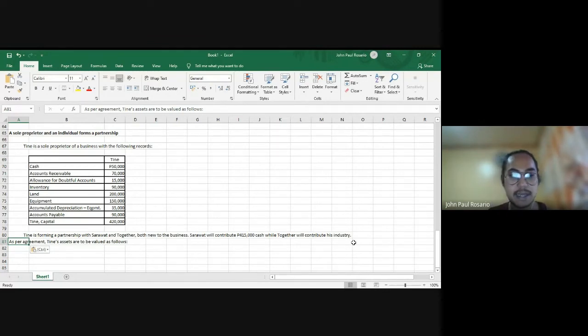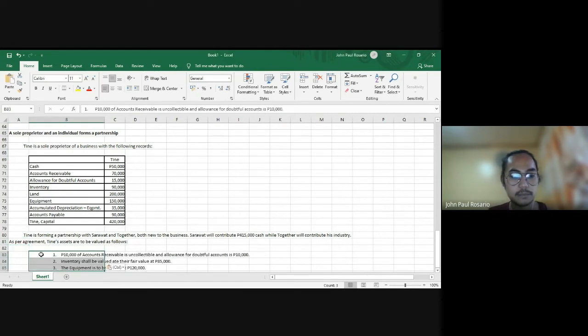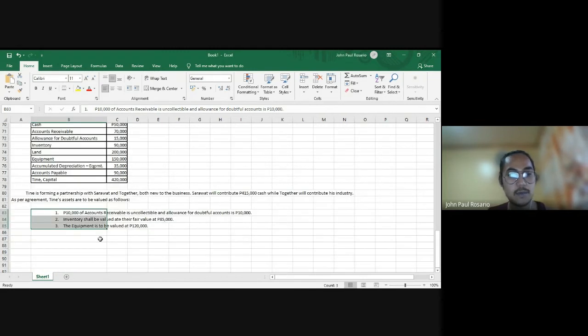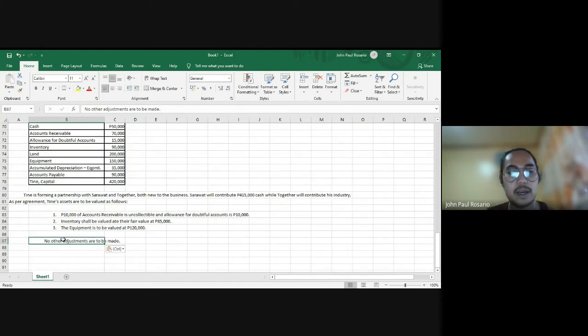As per agreement, Tyne's assets are to be valued as follows. So here is the partnership agreement. And after that, it was said that no other adjustments were to be made.